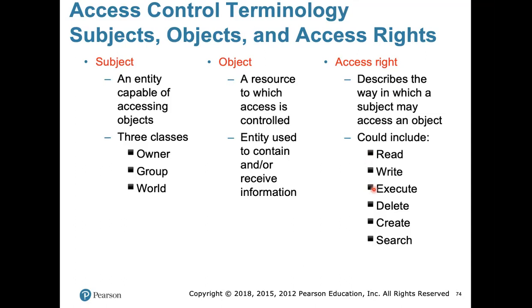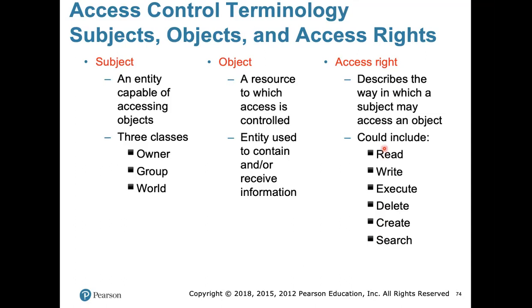Execution means that the file is read and loaded into the main memory, and the processor is now supposed to execute it. Someone may request deleting that file, and the file is going to be deleted forever. That's another type of access. Someone may want to create a file. Someone may want to search among those files and find a specific file, or search inside that file and find a specific thing.